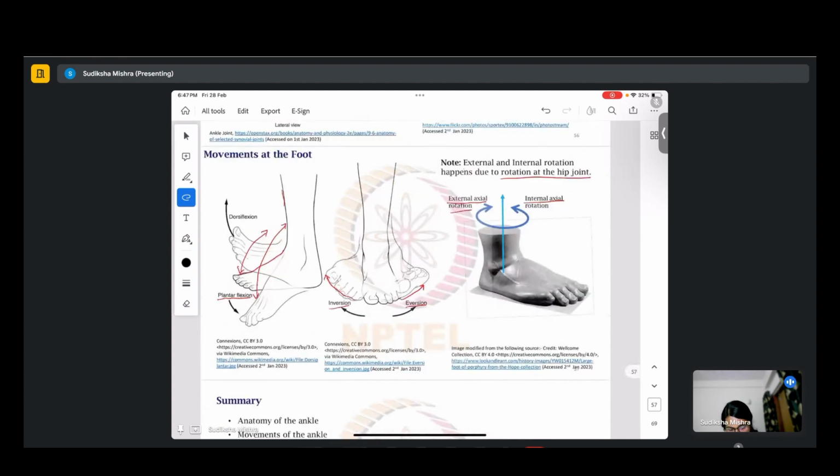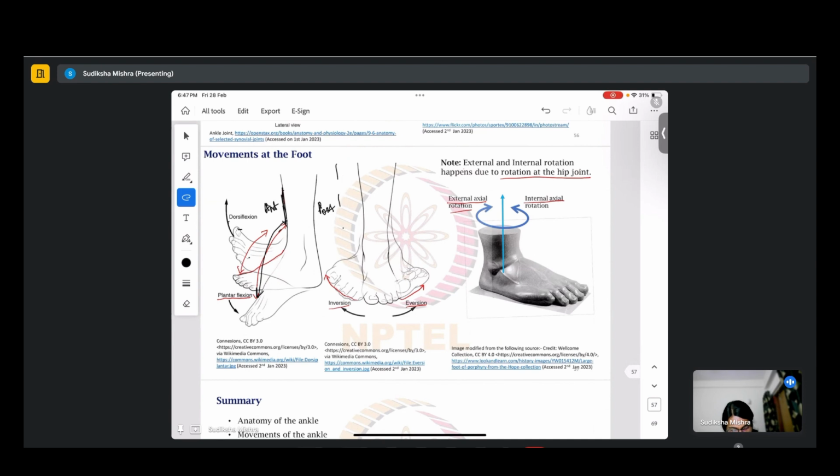By dorsiflexion, it means when the foot is going towards the shin, the anterior portion. If this is the anterior and this is the posterior, plantar flexion involves turning the foot downwards such that it's going away from the anterior portion.